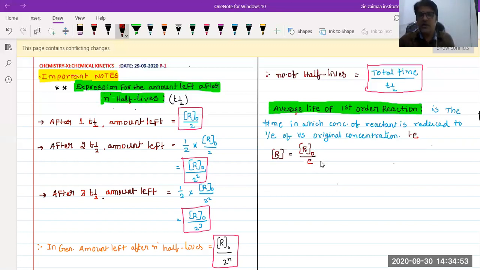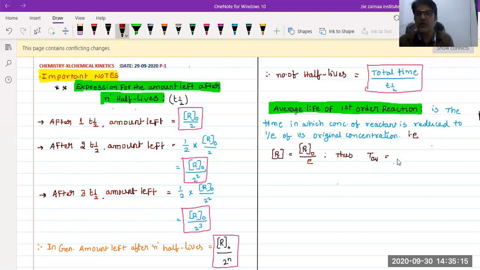So that means it is depending upon the time, because that is the average time. So T average can be taken for the first order reaction method.